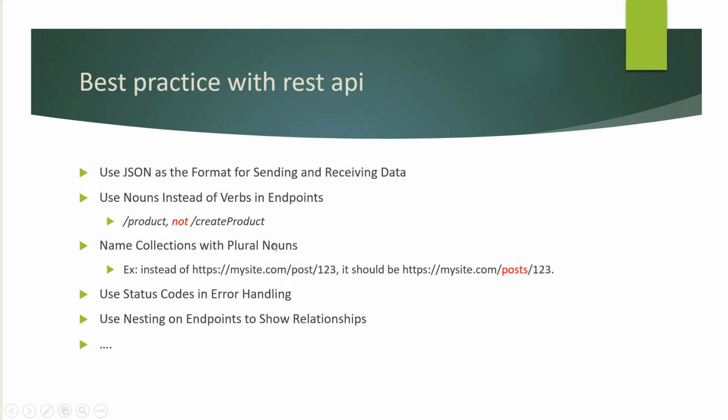And name collections with plural nouns. For example, if you want an API to get the product with the ID 123, the endpoint should be products with an S. And we should use status codes in error handling. It helps the client know what the error is when they call the API.